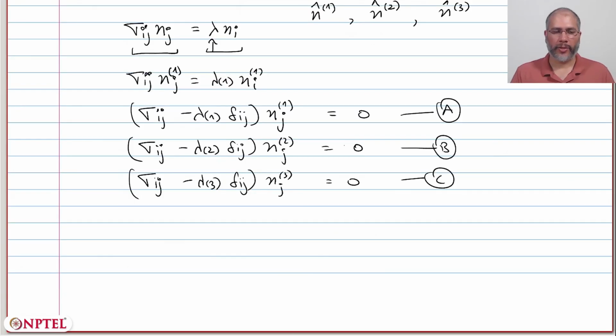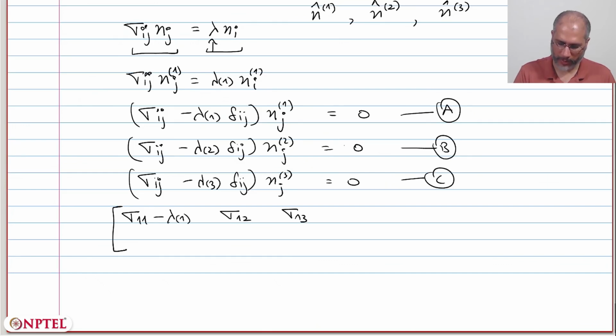So if I analyze the equation number A in the matrix form, what this looks like is sigma 11 minus lambda 1 in this case, sigma 12, sigma 13, and so on.